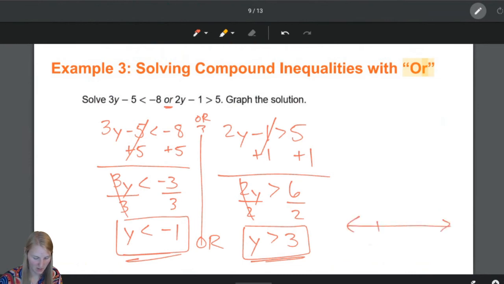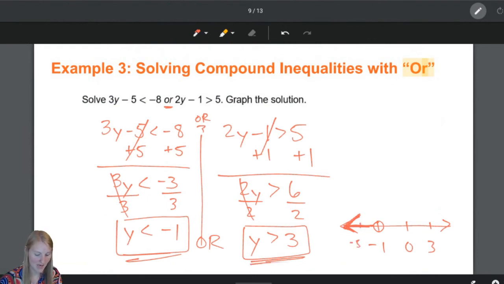So we have negative 1, we have 0, and we have 3. Now I have negative 1, and that's going to be an open circle because that is strictly less than. If y is less than negative 1, it means I'm going to have all the numbers that are smaller than negative 1, like negative 5 or something like that.